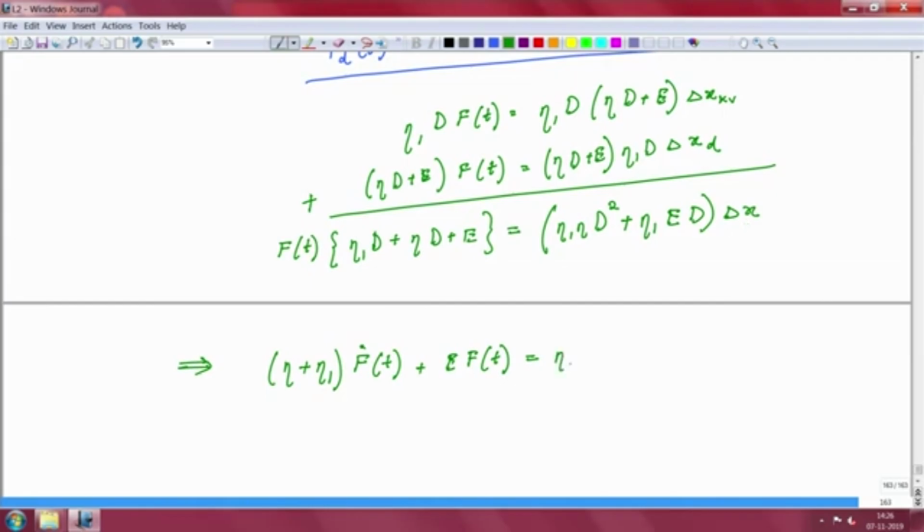The factor in front of it is eta into eta 1, and this is delta x double dot plus eta 1 E delta x dot.